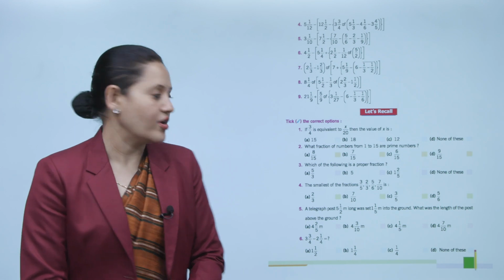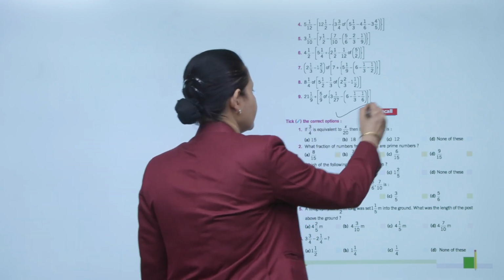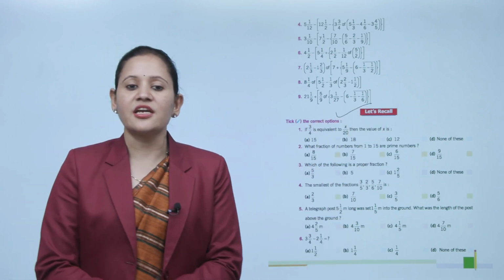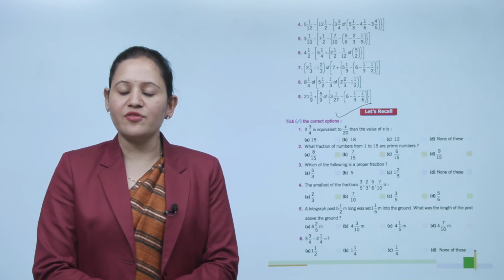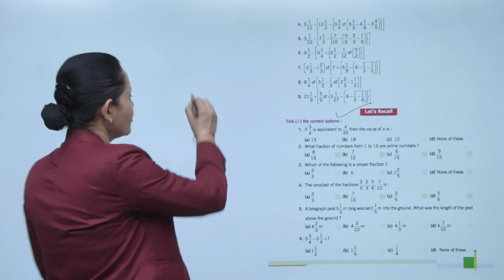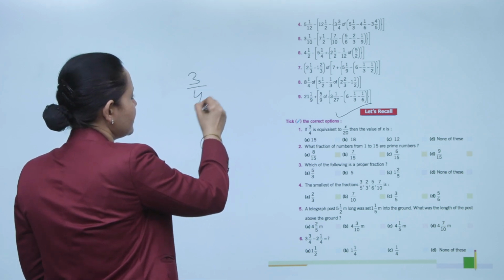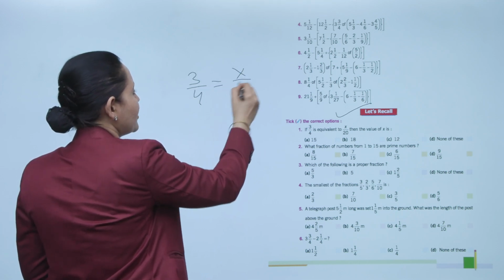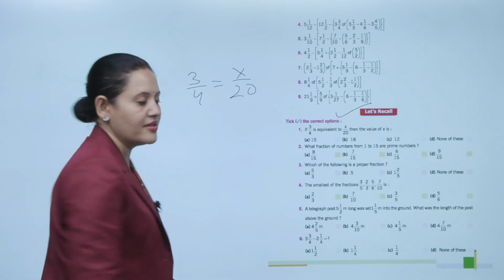Next is, let's recall. Take the correct option. If 3 by 4 is equivalent to x by 20, then find the value of x. So 3 by 4 is equal to x by 20. So we'll cross multiply here.